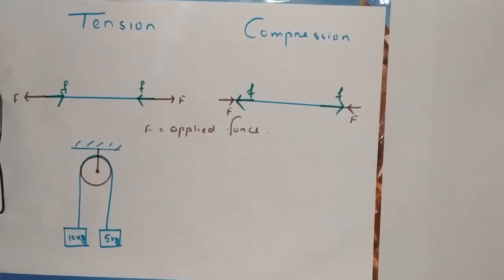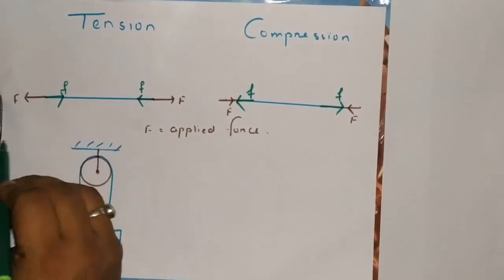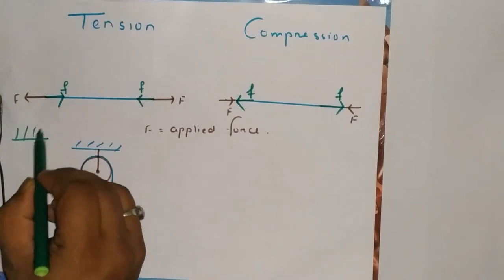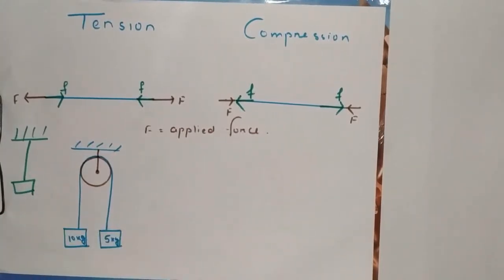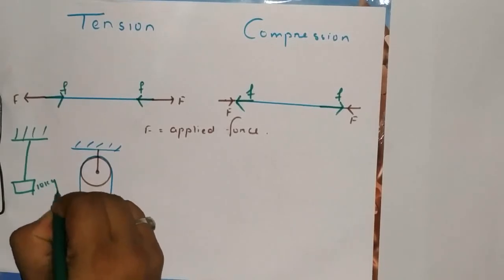Let us apply this to a pulley problem. Of course, here I have drawn for a 2 body case. Let us draw for a single body first. Suppose there is a rope and a body of mass 10 kg.